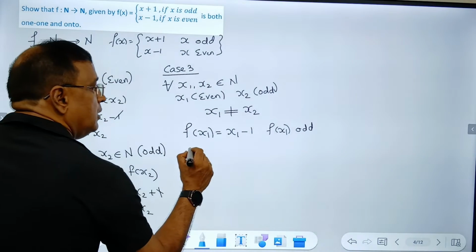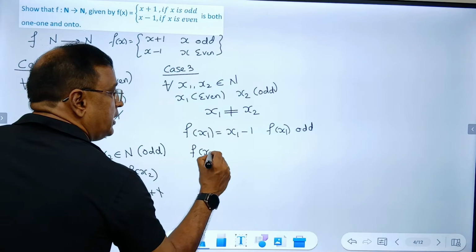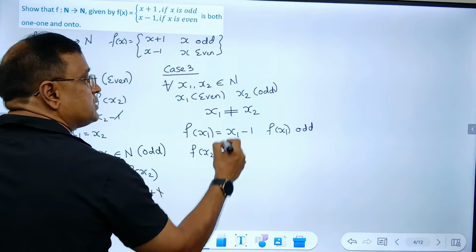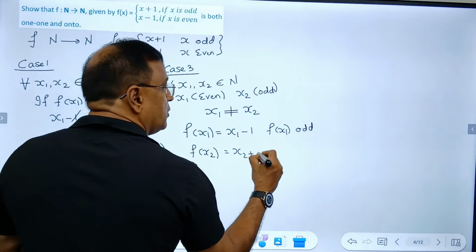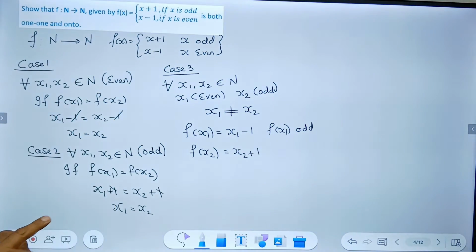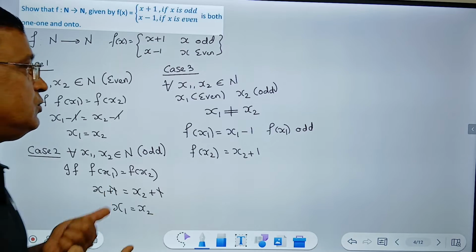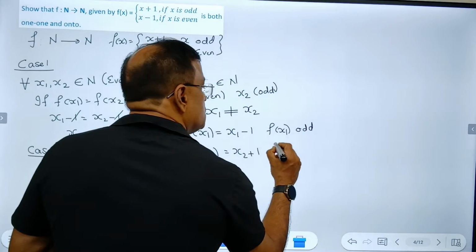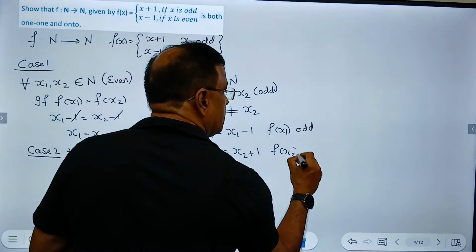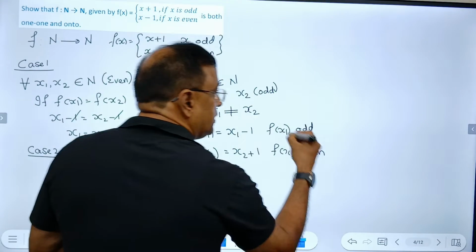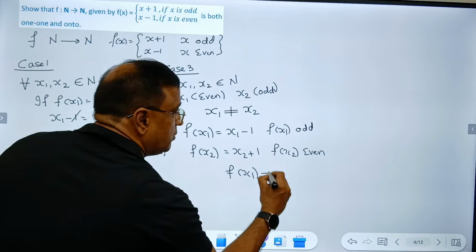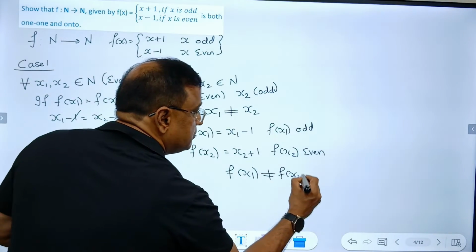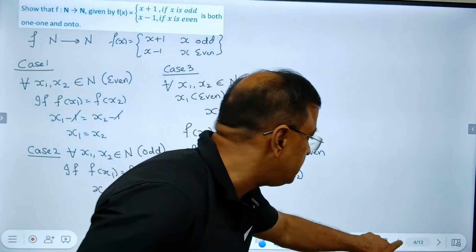Now f of x2, your x2 is odd. If x2 is odd, by definition it is x2 plus 1. So if you add a 1 to an odd number, the output is always an even number. So f of x2 is even. So once again, clearly f of x1 is not equal to f of x2. See, I have given you this definition.